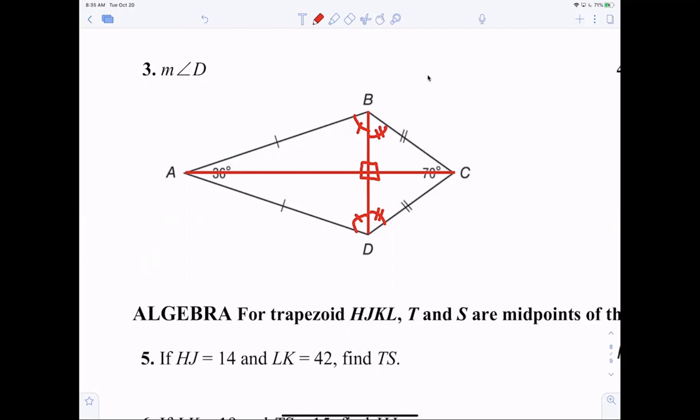No. Why is this a little different from what we said earlier about the rhombus? Not all the sides are equal. We've been studying parallelograms, correct? Now we're studying things that are not parallelograms, but they are quadrilaterals. So this is a quadrilateral. It's not a parallelogram.